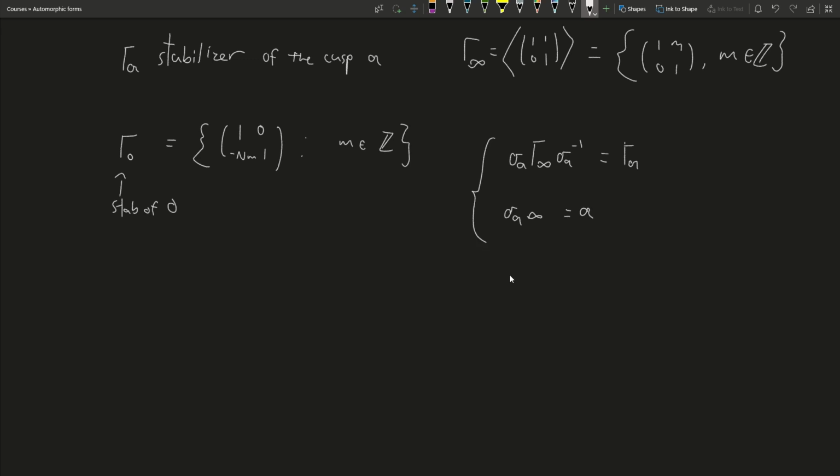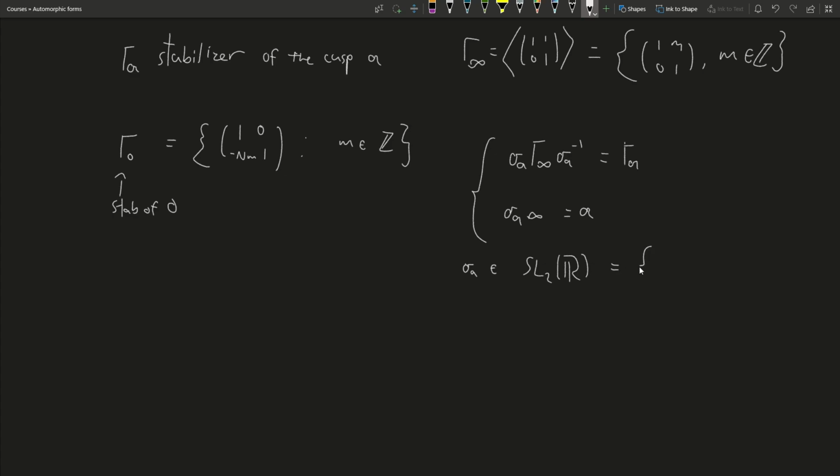And if you have these two properties, and additionally that your scaling matrix is an element in SL2(R). So we defined SL2(Z), not SL2(R).